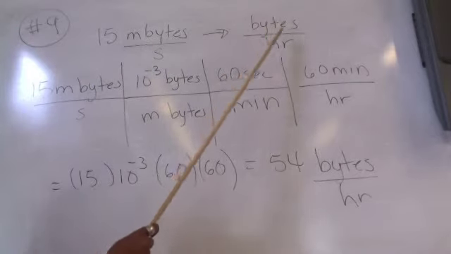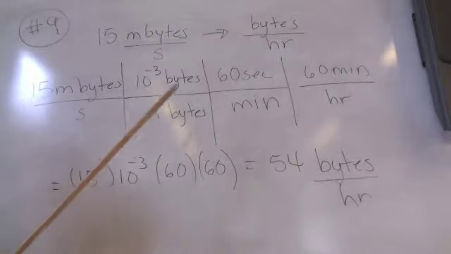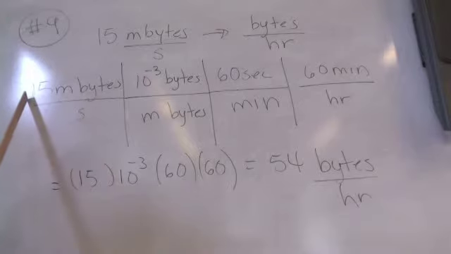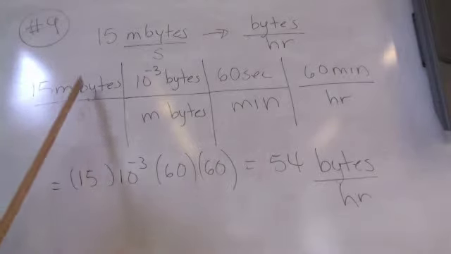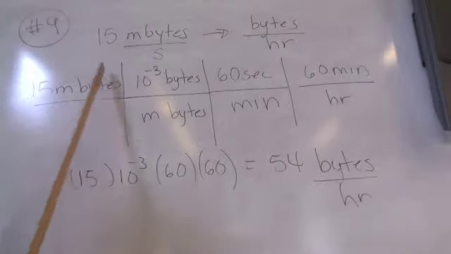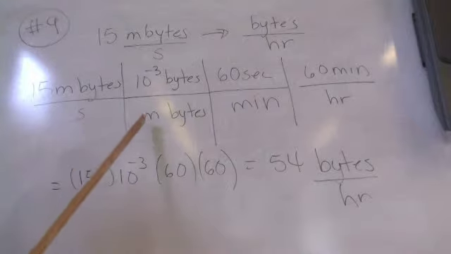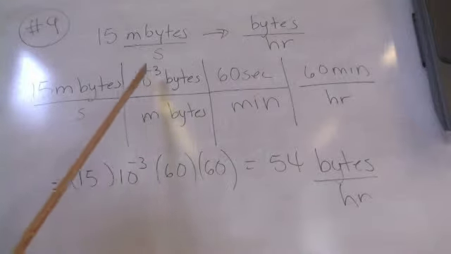So we're going to have to change both numerator and denominator here. And so what I show first is converting the actual numerator. So I start off with 15 millibytes per second. That goes in the first little block here. Then I need a conversion to bytes. Well, a milli means, according to the formula sheet, 10 to the minus 3.